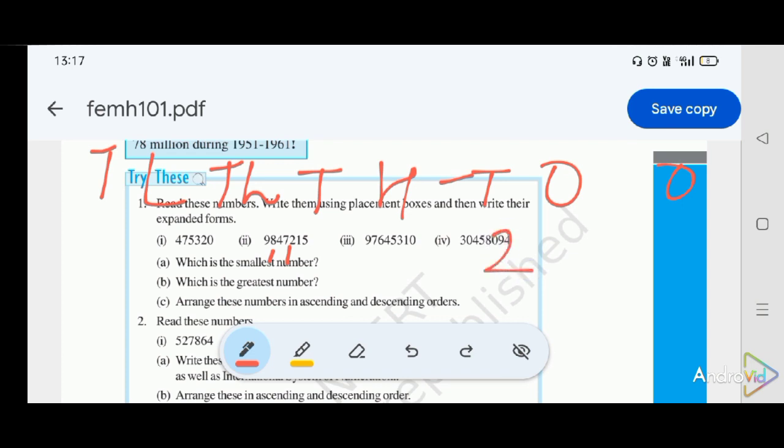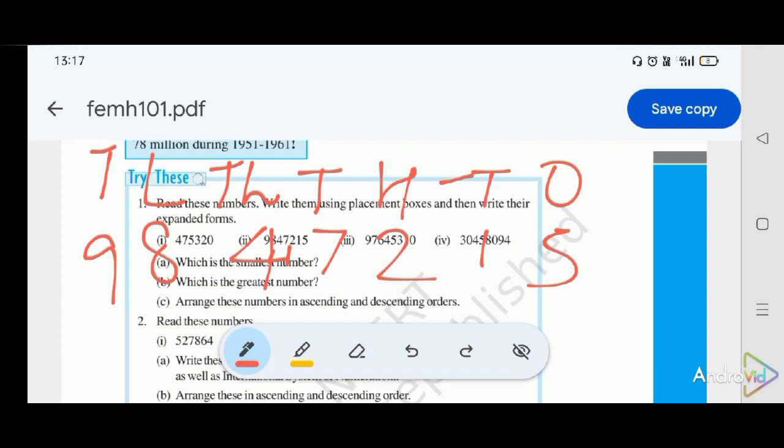So in 10 lakhs place it is 9, lakhs place it is 8, 10,000s place it is 4, thousands place it is 7, hundreds place it is 2, tens place it is 1, and ones place it is 5.